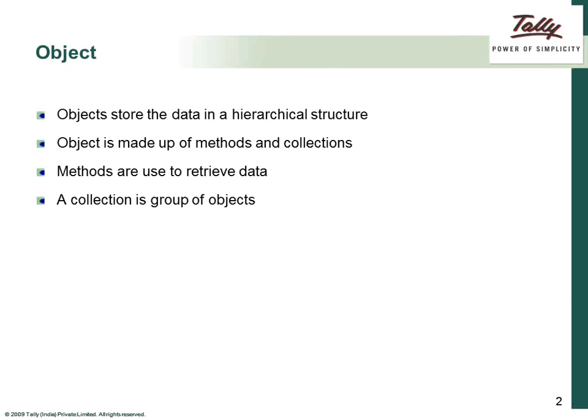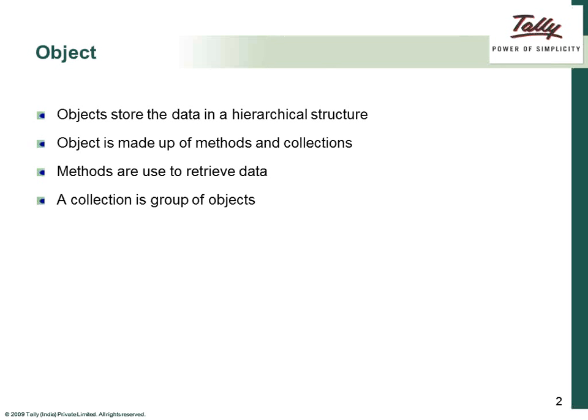So it's a little vicious circle, because I just said object is made up of methods and collections, and a collection is a group of objects, right? So it's looking like a very vicious circle. So let me reframe my sentences on this. A primary object stores data in a hierarchical structure, or a tree-like structure, or an organization chart kind of structure.